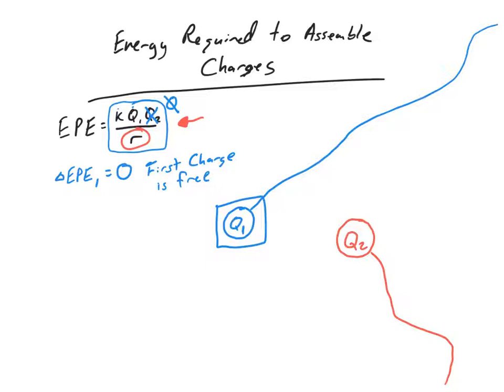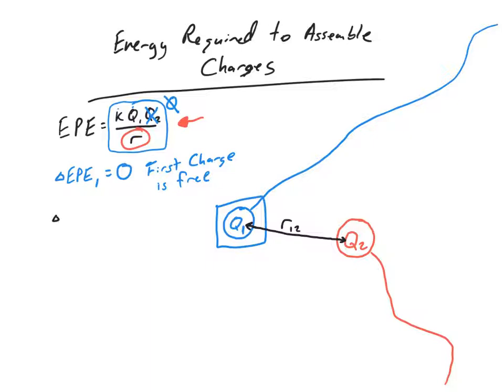If it was a different shape, then I'd have to use different equations, which we'll discuss more as we get into electric fields. These two charges are a distance r1,2 away from each other. Now we have some energy stored in our system.